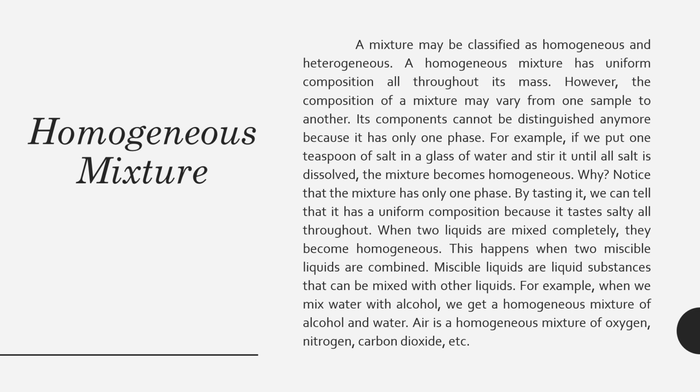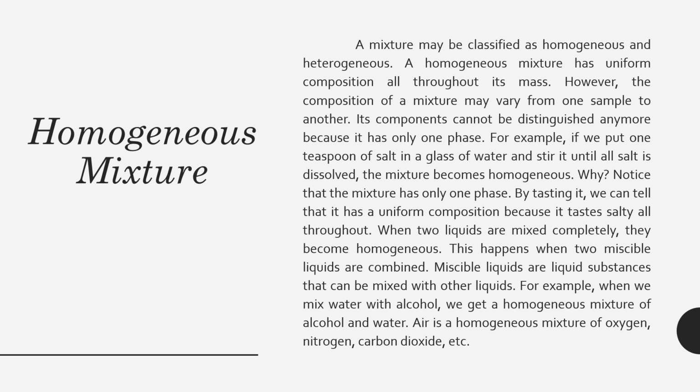When two liquids are mixed completely, they become homogeneous. This happens when two miscible liquids are combined. Miscible liquids are liquid substances that can be mixed with other liquids. For example, when we mix water with alcohol, we get a homogeneous mixture of alcohol and water.